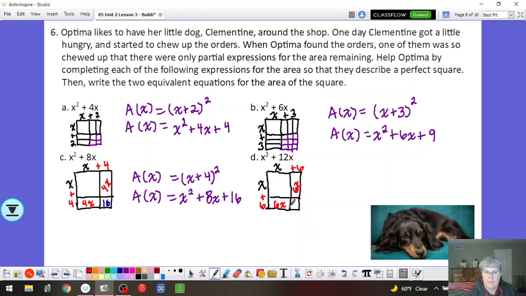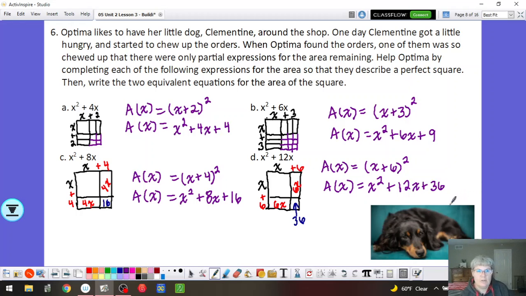Now 6 by 6 is going to turn this lower region into 36. So when we write our areas, we have A of x equals x plus 6 squared, or we finish what was there, and we have x squared plus 12x plus 36 unit squares.